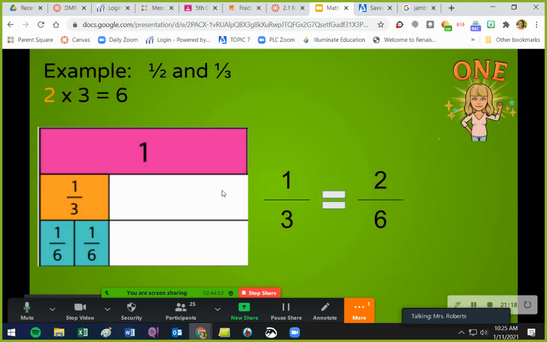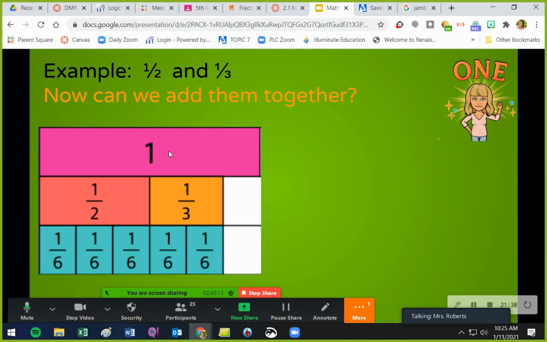What about this one? I'm telling you that 1/3 is equal to 2/6. I can prove it because if I multiply 3 times 2, that is 6, and if I multiply 1 times 2, that is 2. Now let's put it all together.